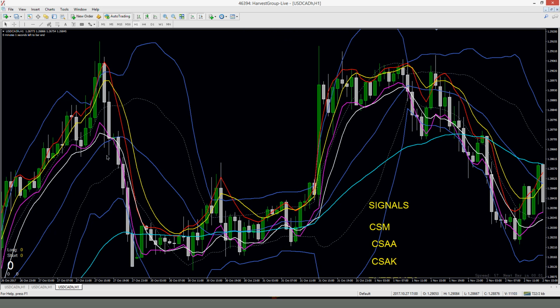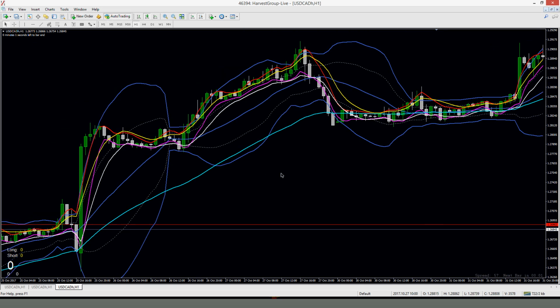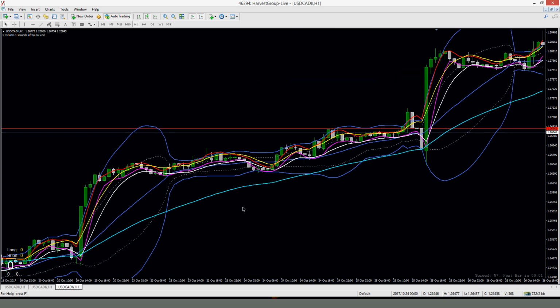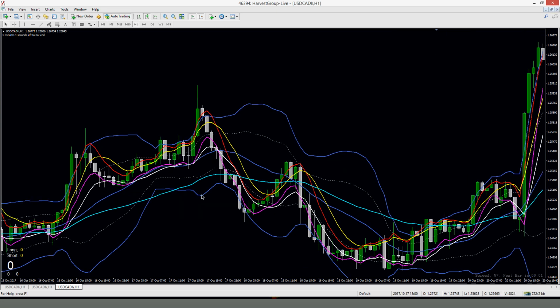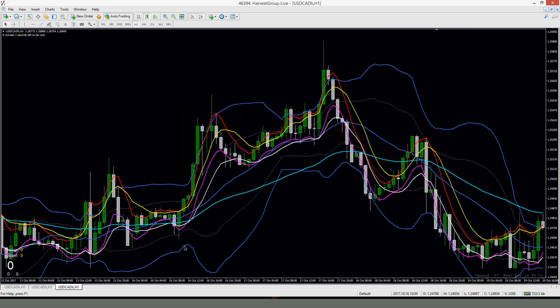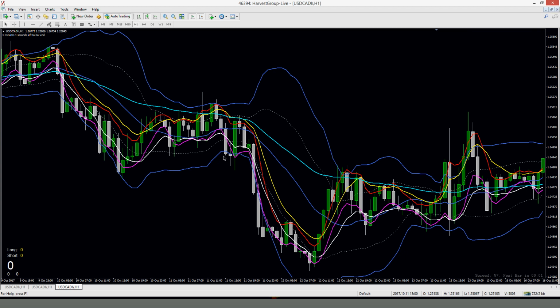Extreme CA is a rejection of MA50 at top BB or low BB. Okay, so let me just find one over here. Let me find a good example. Okay, as you can see here, this is extreme CA. Okay, over here. Rejection of MA50 near top BB.